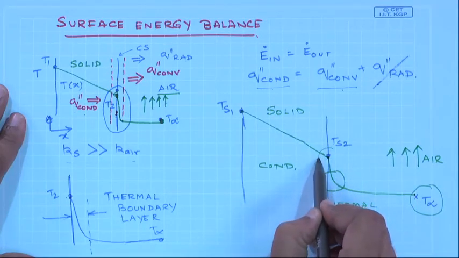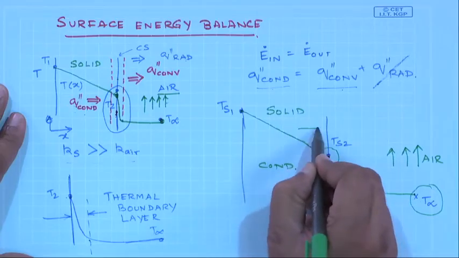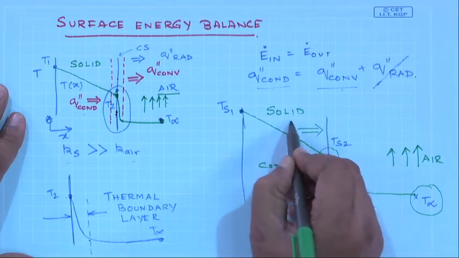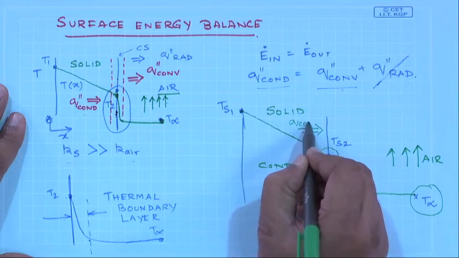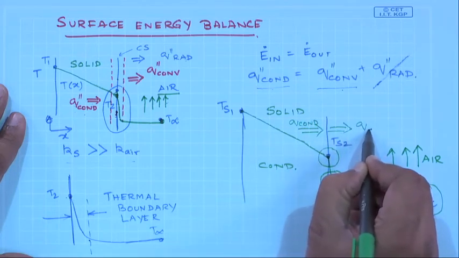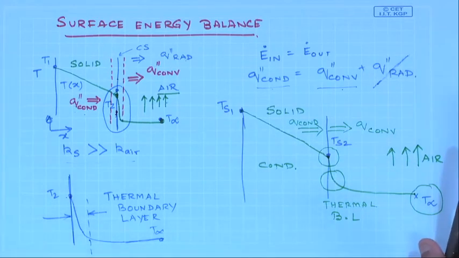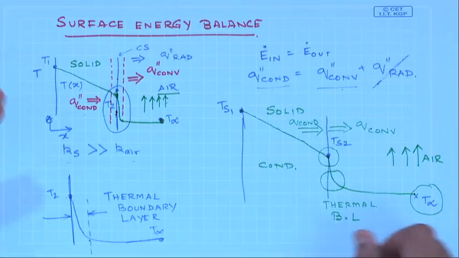And if you consider this point, the flow due to conduction must be equal to the flow due to convection, of course assuming that radiation is not important in such a case.